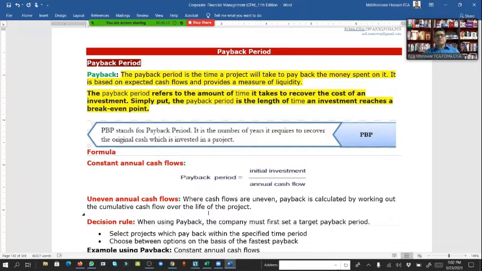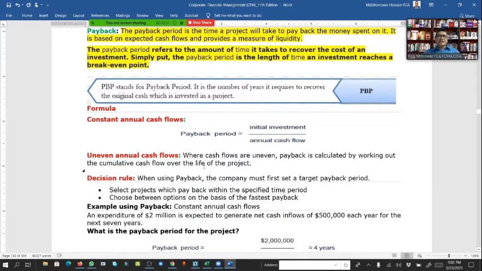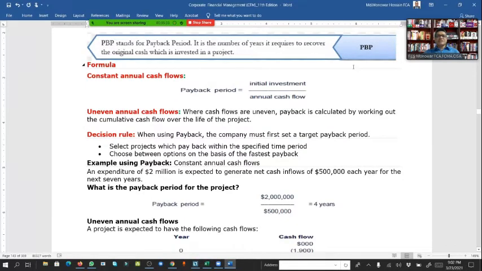The payback period refers to the amount of time it takes to recover the cost of an investment. Simply put, it is the length of time an investment takes to reach a break-even point. If you see the formula, the payback period is the initial investment divided by the annual cash inflow.